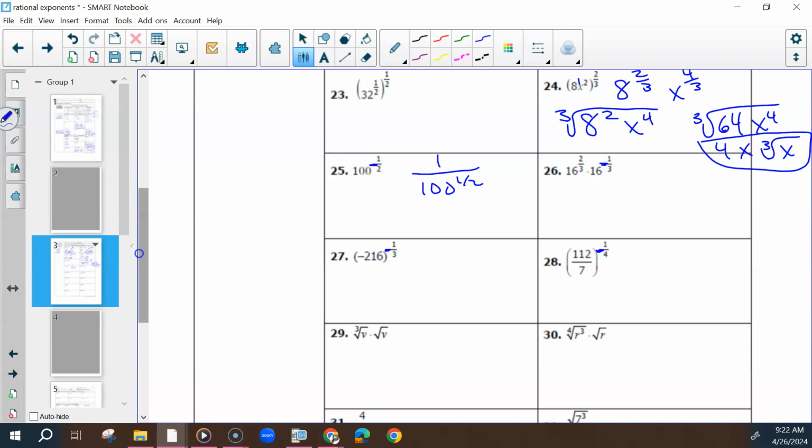What would that be? It'd be 1 over the square root of 100. And we know the square root of 100 is 10, so your final answer would be 1 over 10.